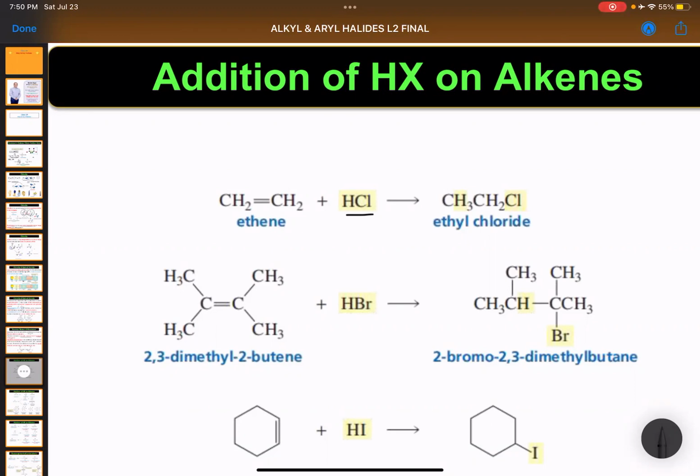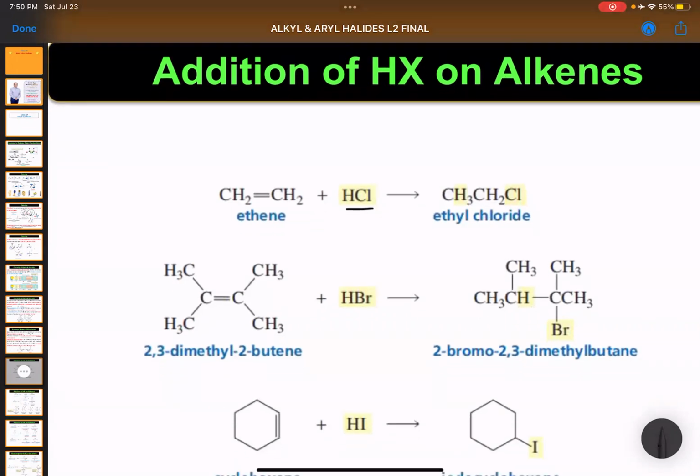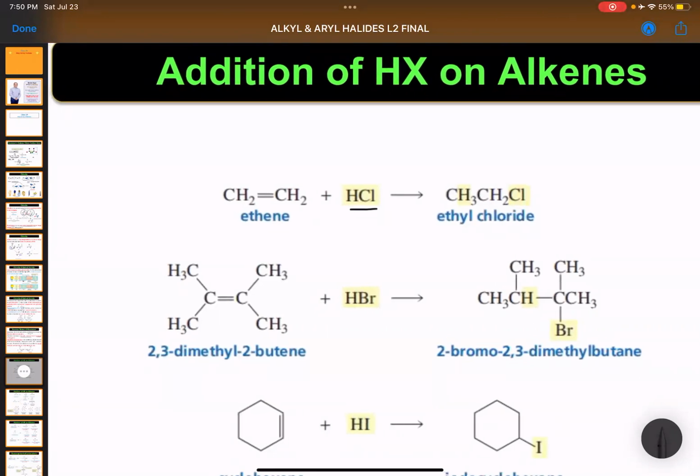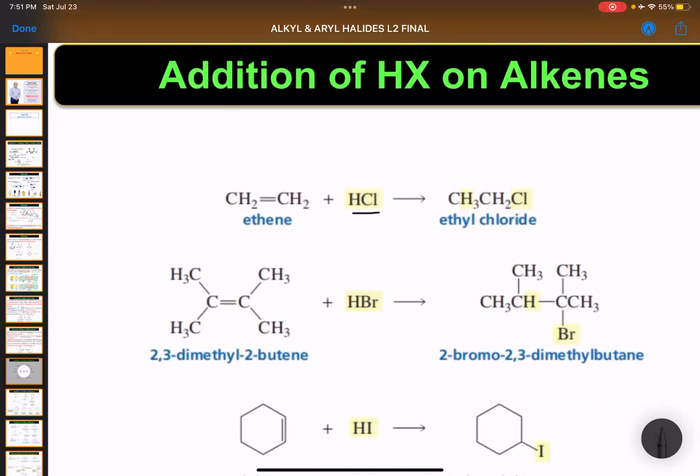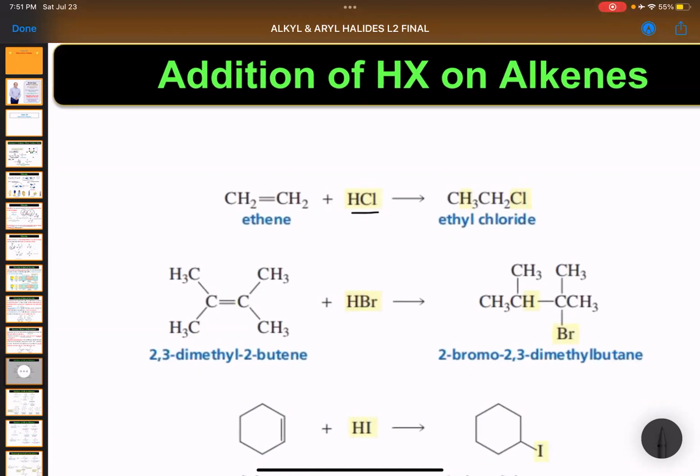This is actually just the equation. It is not telling you what is happening internally. So the internal step by step way of writing the whole thing is known as mechanism. So what is the mechanism of this reaction?